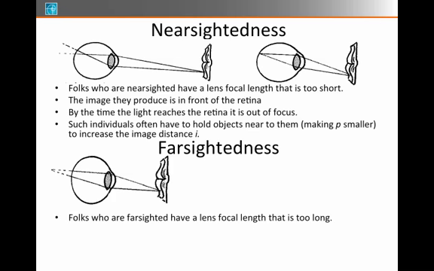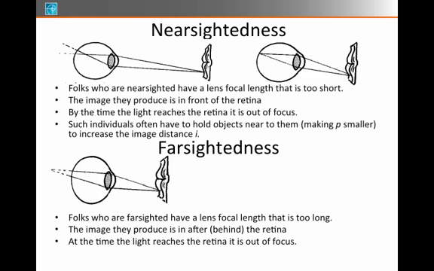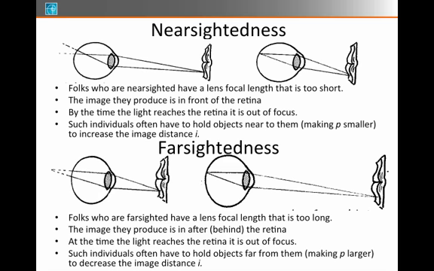So they're compensating for that short focal length by just forcing I to get larger. Folks who are farsighted have somewhat the opposite situation. These folks have a focal length lens that's too long, and the image that they produce is behind the retina. It takes too long for the light rays to converge. By the time the light actually reaches the retina, it's still out of focus because it hasn't even converged yet.